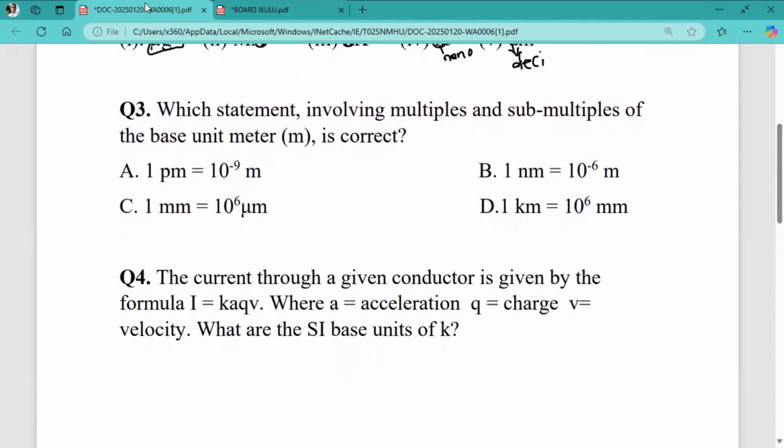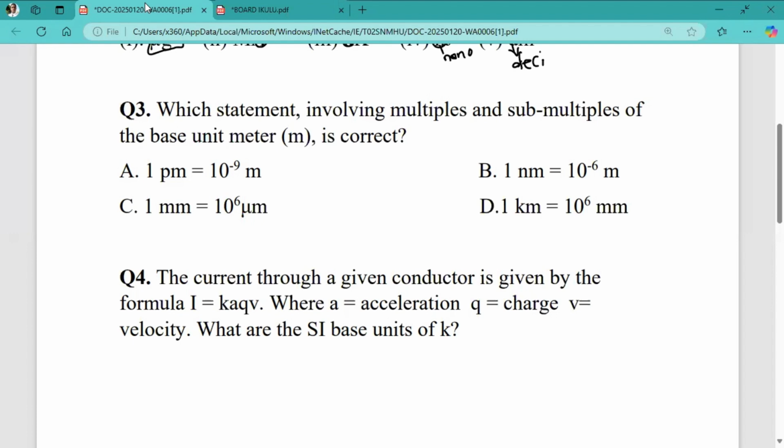Okay, so this question is saying which statement involving multiples and submultiples of the base unit meter is correct?